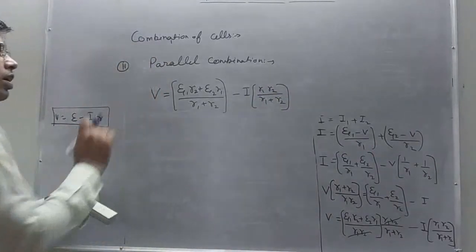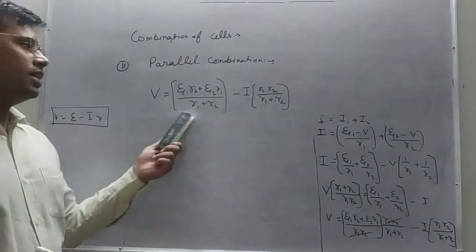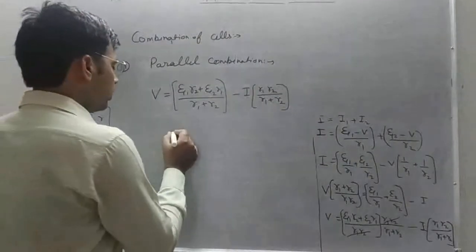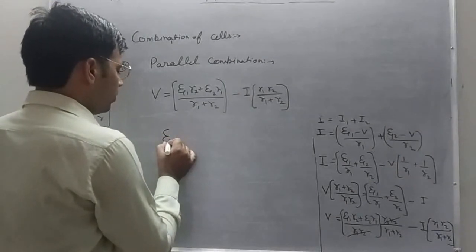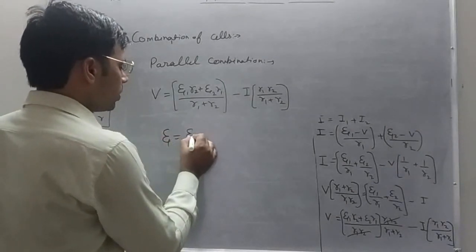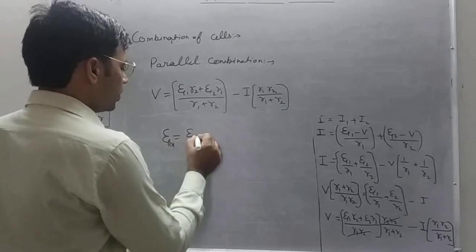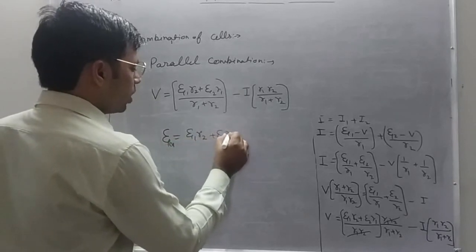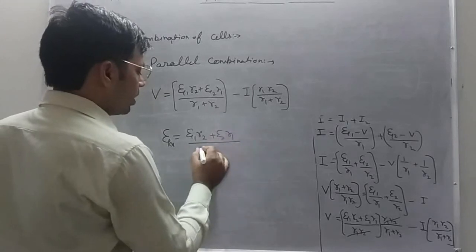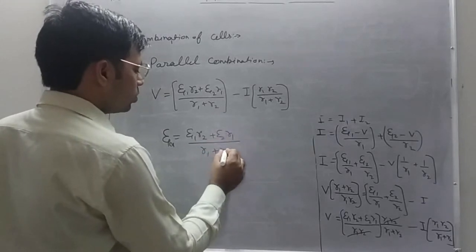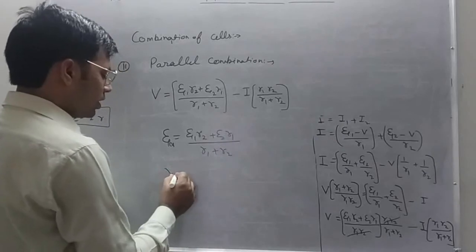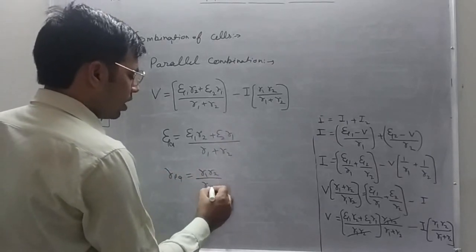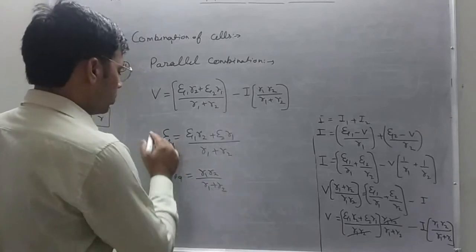Now if we compare this equation with the standard term, we get to know that the EMF of the cell is equal to the equivalent EMF, E1 R2 plus E2 R1 divided by R1 plus R2, and R equivalent is equal to R1 R2 divided by R1 plus R2.